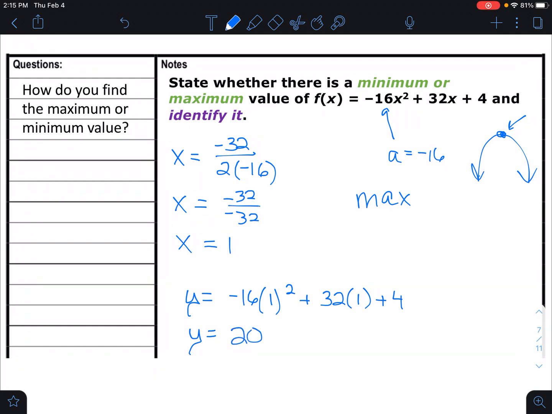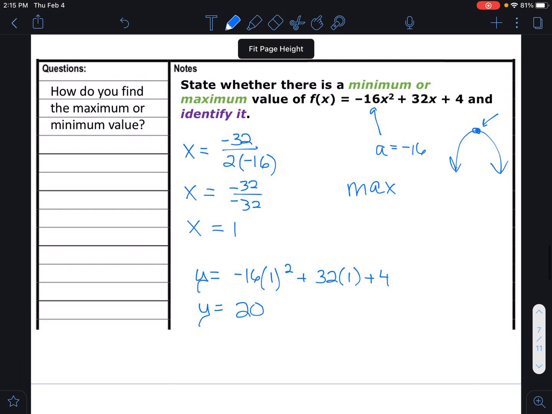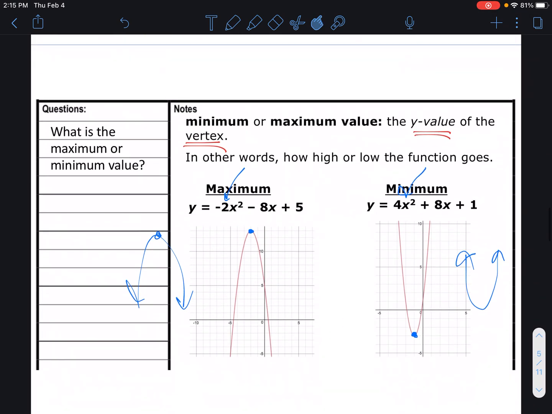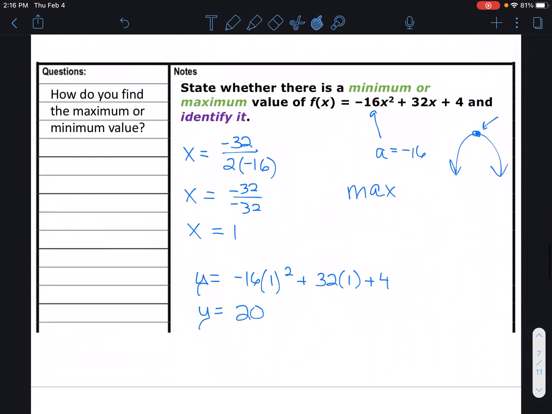All right, so what does this mean? So now at the end, remember, if we go back here, it says it's the y value of your vertex. Well, we just found the y value. In other words, this really means how high or how low does the function go. Well, this function goes all the way up to 20.